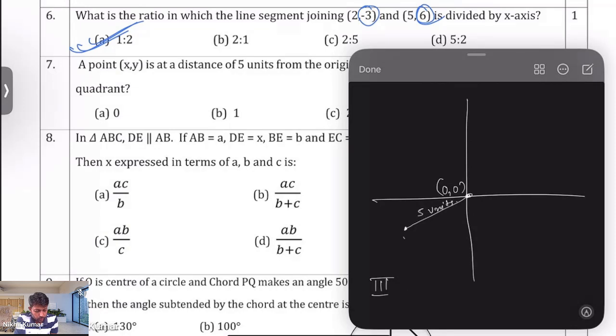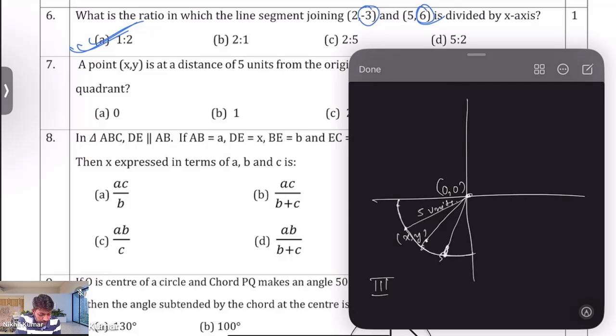There is a point at 5 units. This is your x comma y. We are asking how many such points lie. Let me draw a few more points. Okay, one would be this, also 5 units. This would be also 5 units, and so on. So how many such points lie in the third quadrant? If you look at it, all the points lying on this quadrant of the circle would be 5 units away.